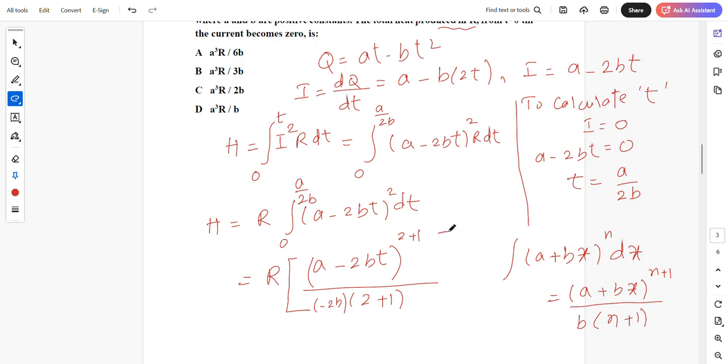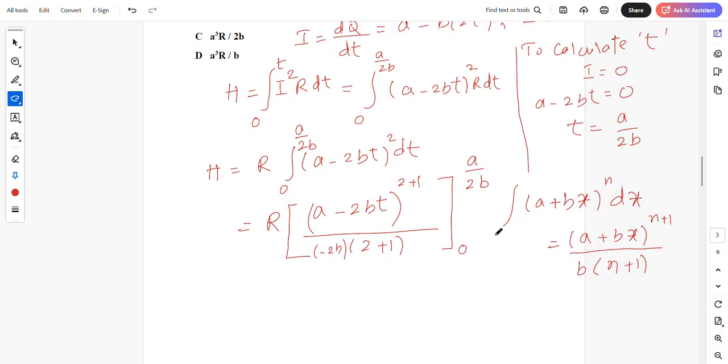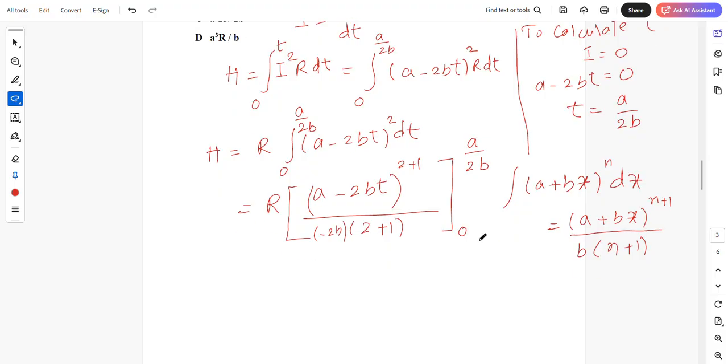Understood? Now what are the limits of integration? 0 to a by 2b. Understood? Now if I take this constant outside, ಏನಾಗುತ್ತೆ, plus into minus R by 3 ಆಗುತ್ತೆ. 3 into 2b, 6b ಆಗುತ್ತೆ, right?